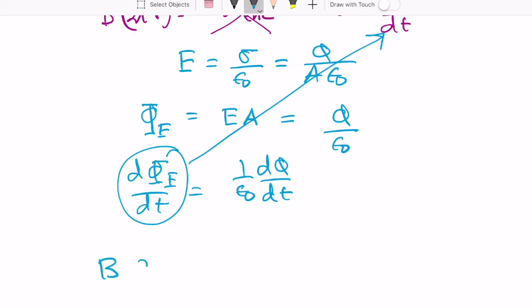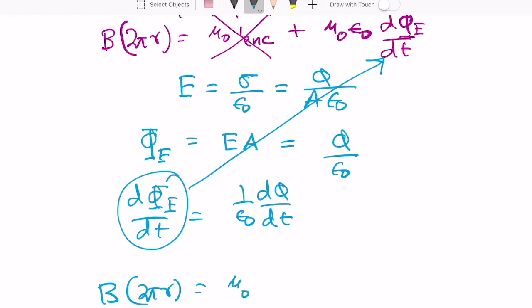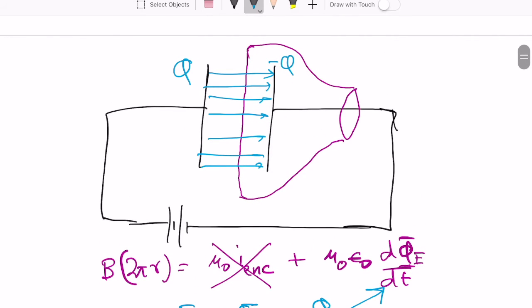B times 2 pi r is equal to mu 0 times epsilon 0 times 1 over epsilon 0 dQ dt. The epsilon 0 cancels out. Now let's think for a moment of what dQ dt means. dQ dt is simply the rate at which charge is being transferred to the capacitor plate, the rate at which the positive plate is gaining charge and the negative plate is losing charge, right?